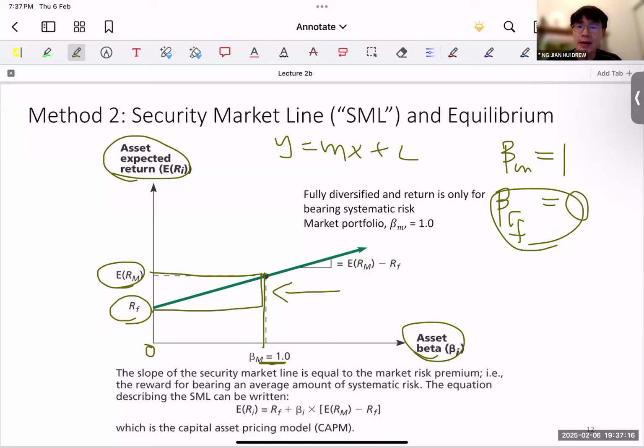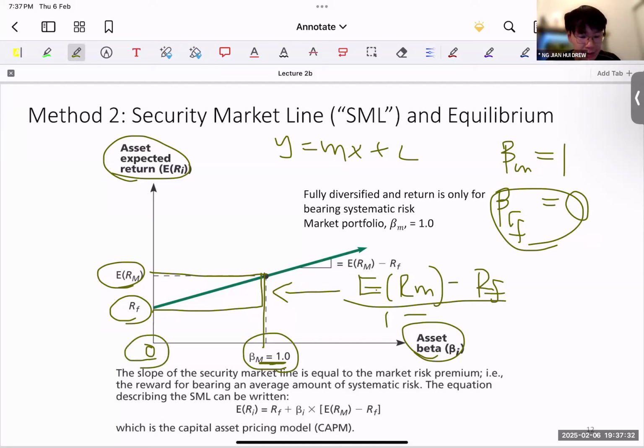The gradient is y2 minus y1 divided by x2, which is 1, minus x1, which is 0. So this will give me the expected return on the market minus the risk-free rate. So this is my gradient.